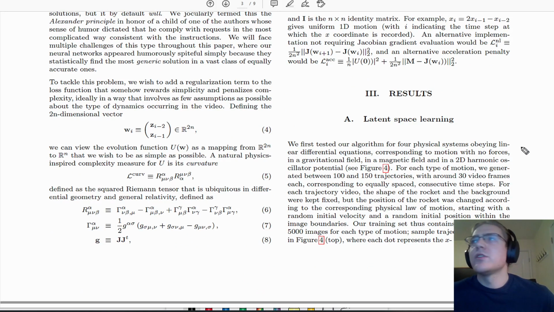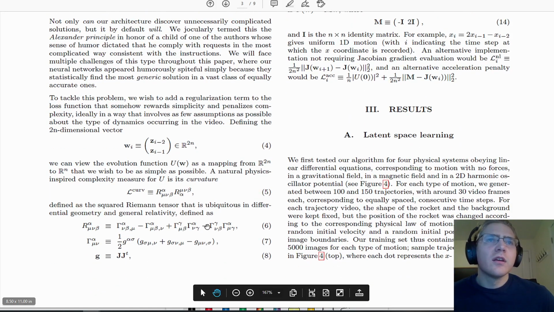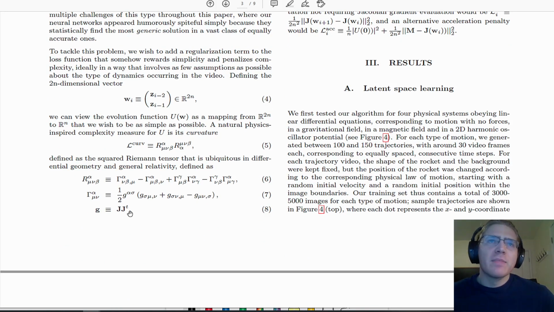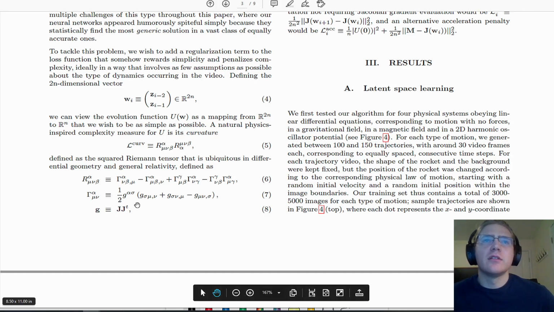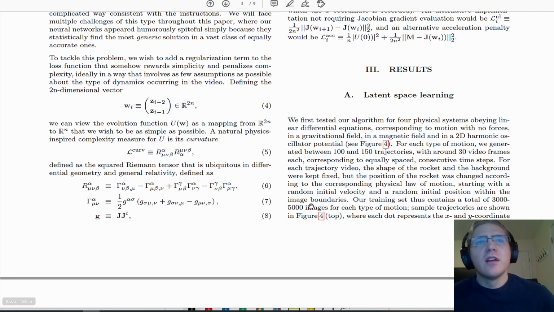And so they first talk about using this squared curvature term, and the way they build this curvature term is they take the Jacobian, it's the dot product of the Jacobian with itself, and then they build these gamma matrices, and these gamma matrices are built from derivatives of the metric.